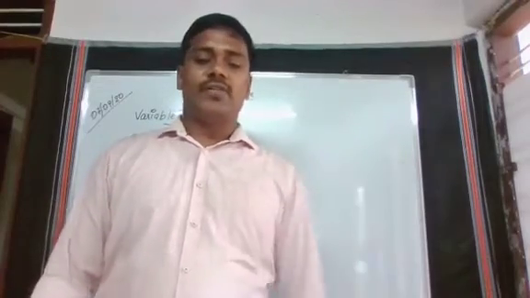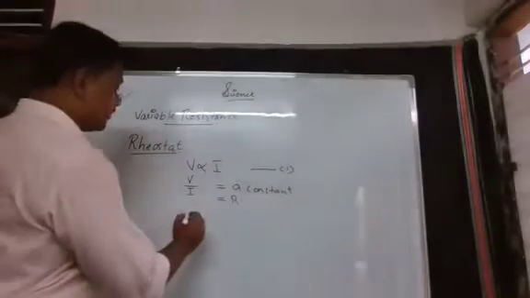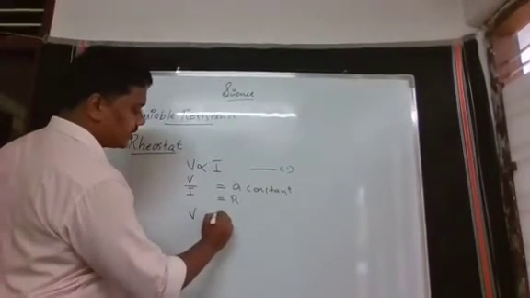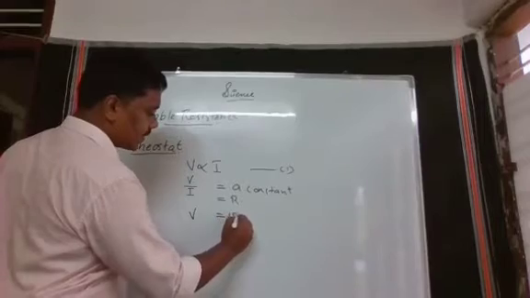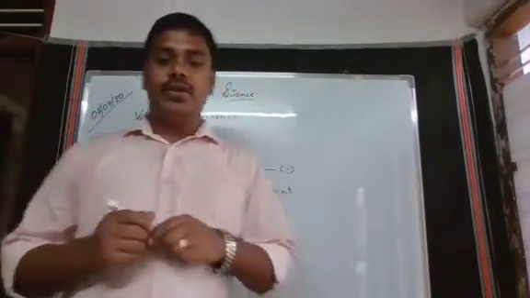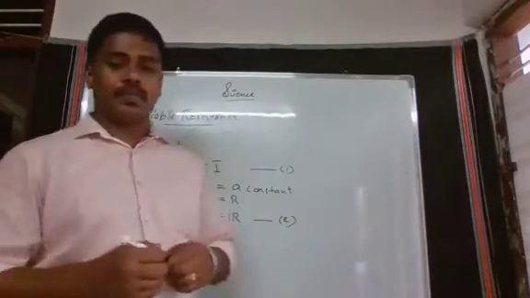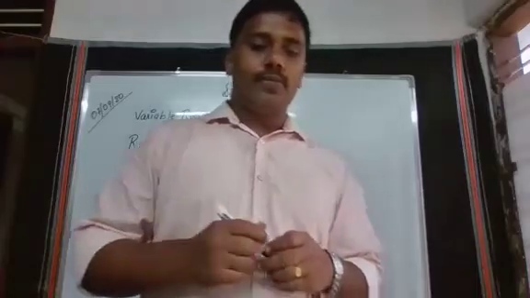Then the potential difference V is equal to IR, current into resistance. That is equation 2. How do we find resistance?